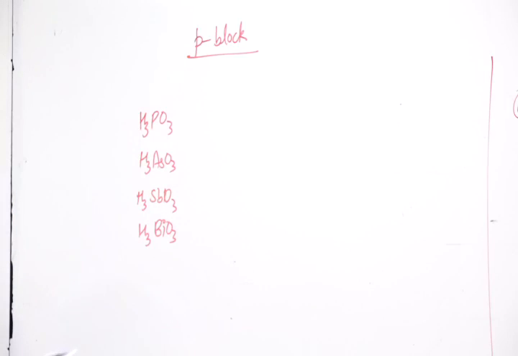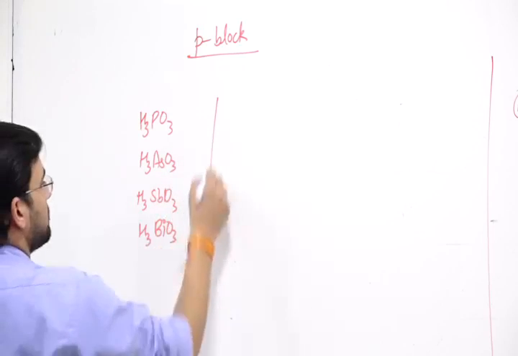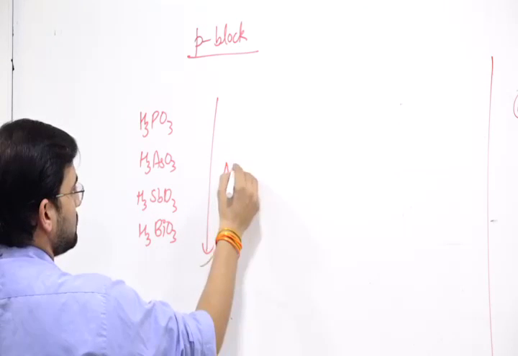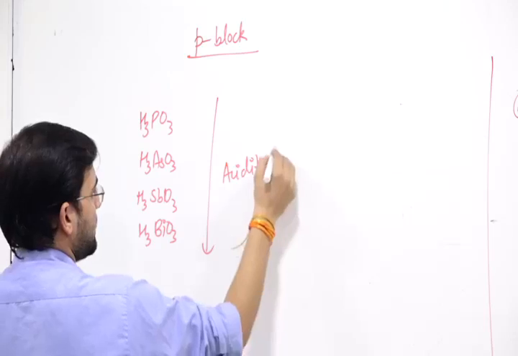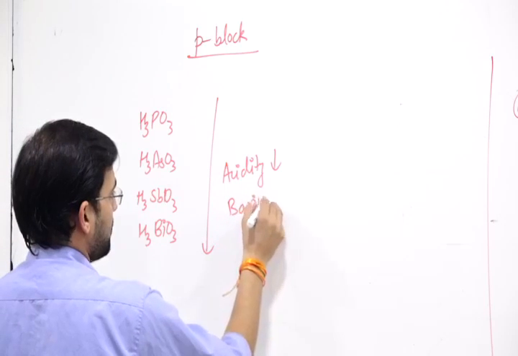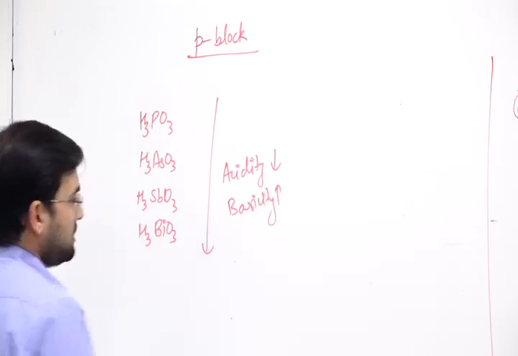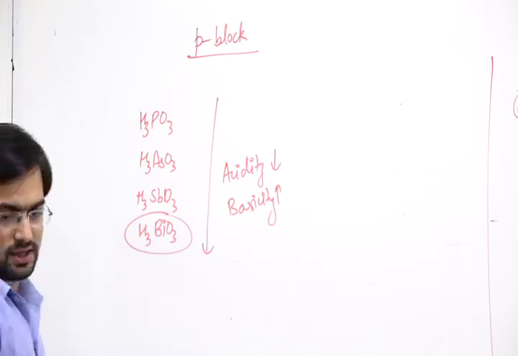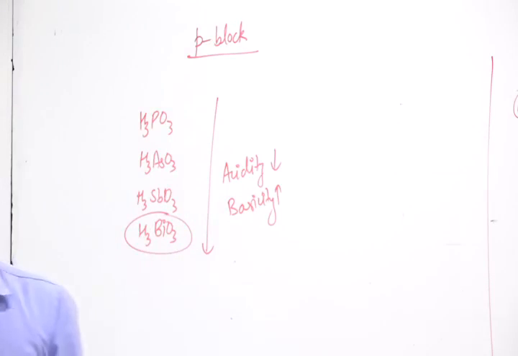Okay. Which of the following is basic in nature? Moving down, the acidity decreases or basicity increases. The basic one is H3BiO3.